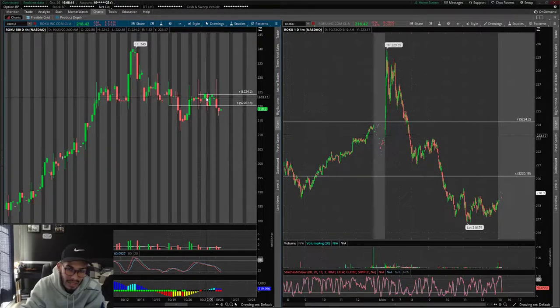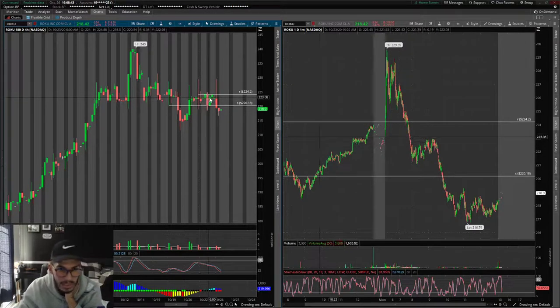So the highest body closes that we have here on Roku are these green candles here. This green candle high was about 224.20. This was the highest close that we got. And down here, the lowest body close that we had was about this red candle here, which was about 220.34.